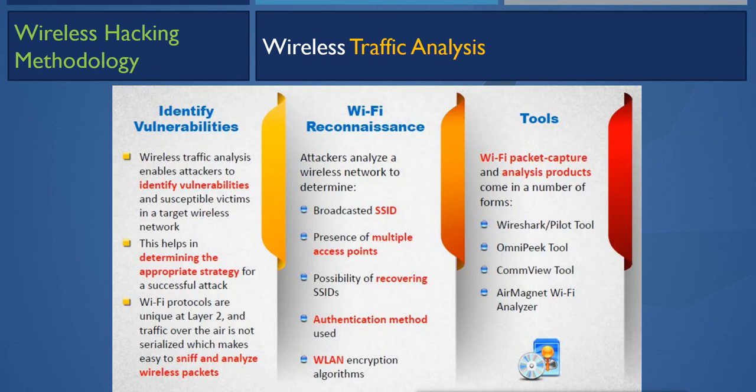Wi-Fi protocols are unique at layer 2, and traffic over the air is not serialized, which makes it easy to sniff and analyze wireless packets. Analyzing the traffic is to detect the vulnerability, and also the user or the device which is vulnerable.